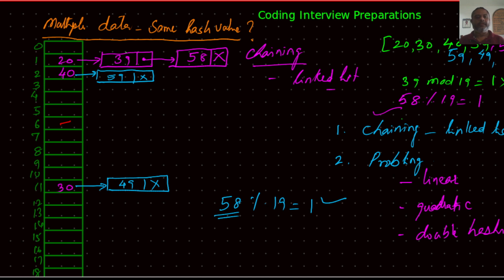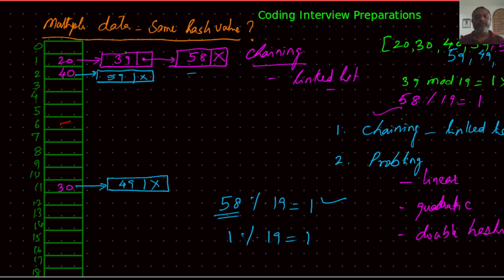Say if you look for 1, then 1 mod 19 is also 1. So it goes to location 1, and there you don't find a 1. Then it follows the link, goes to the next node. You don't find 1 there. It follows the link, goes to the next node, and there also you don't find a 1.